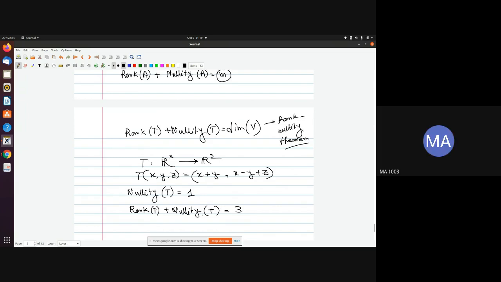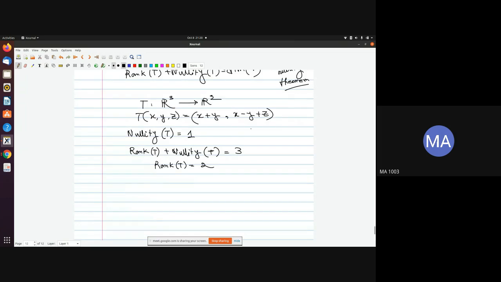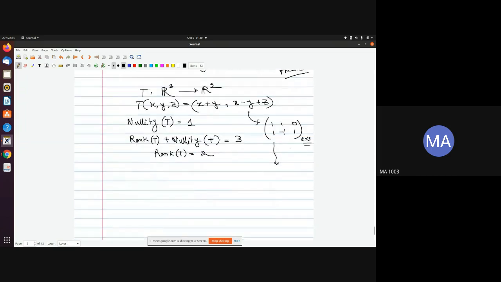Nullity was 1, so what was the rank? 2. Now, if you remember, what was the matrix A? 2 cross 3, right? And after the row reduction, at the final stage, what did we get? 1, 0, half, 0, 1, minus half.